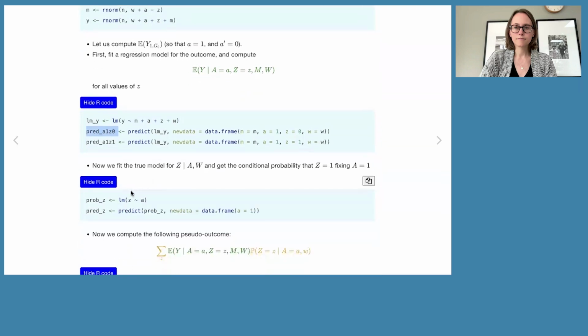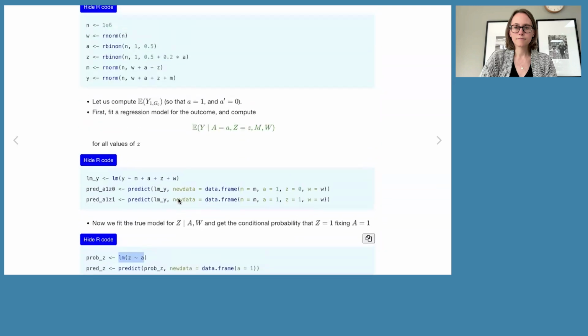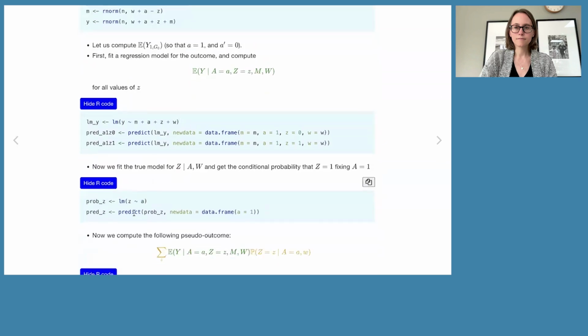Now we're fitting our model for Z, and that's just a function of A. You can see that up here. This is just our true model, Z as a function of A, and we're going to get the predictions from that model, again, under A equals 1.